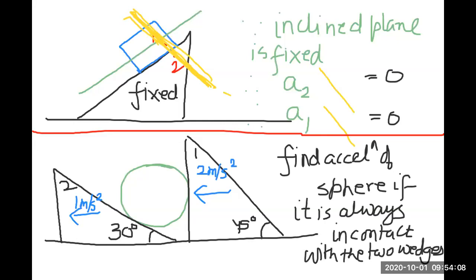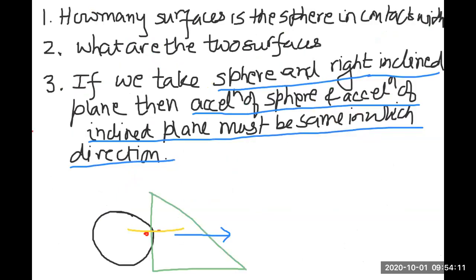So I will ask the question again. If we take the sphere and the right inclined plane, then the acceleration of the sphere and the acceleration of the inclined plane must be the same in which direction? Horizontal. Okay? Very, very simple. So I will just write this down.